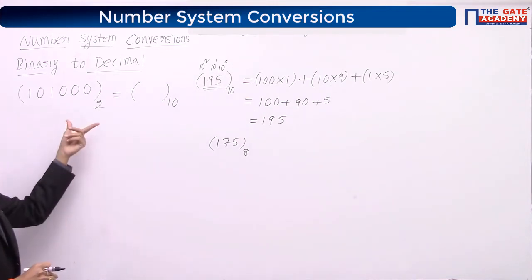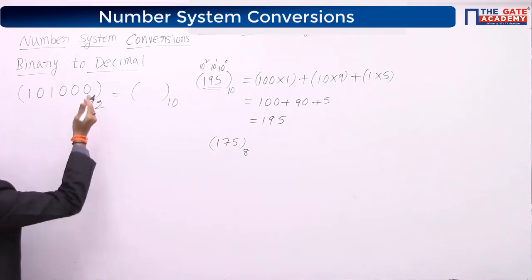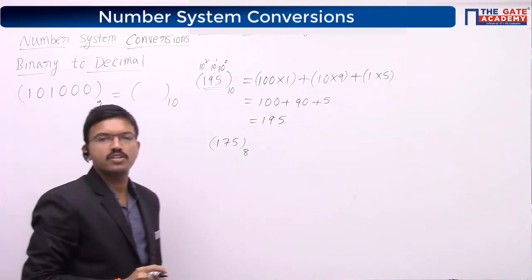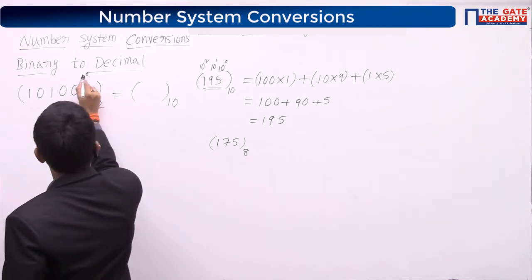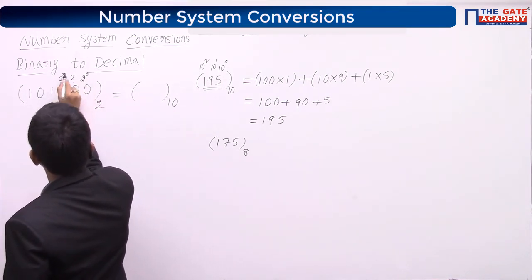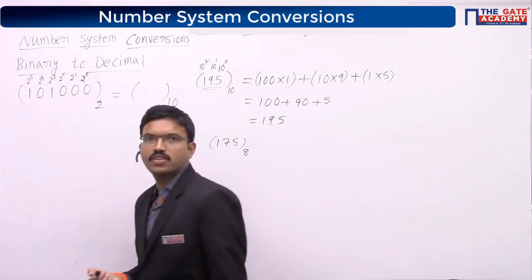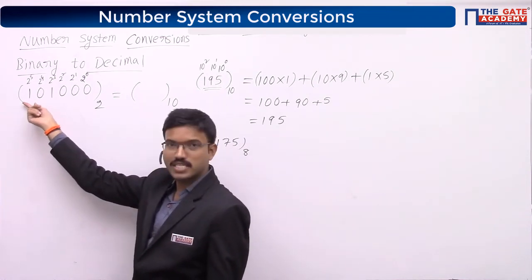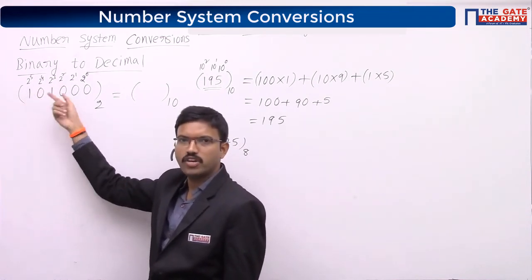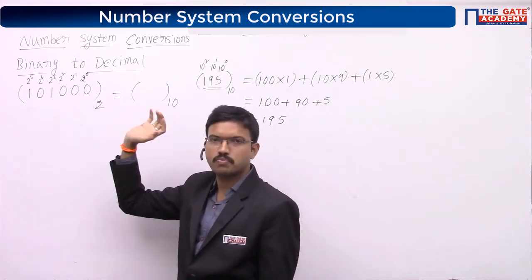Similarly here, in order to get the equivalent value, the base is 2. So I will put the positional weights in powers of 2, right? So here it will be 2 power 0, 2 power 1, 2 square, 2 cube, 2 power 4 and then 2 power 5. So here we have to multiply each digit with its positional weight and then add. But since we have binary, only zeros or ones are possible, right?